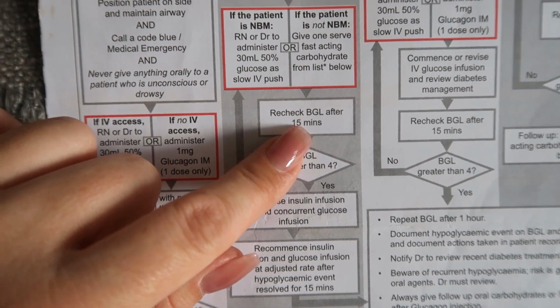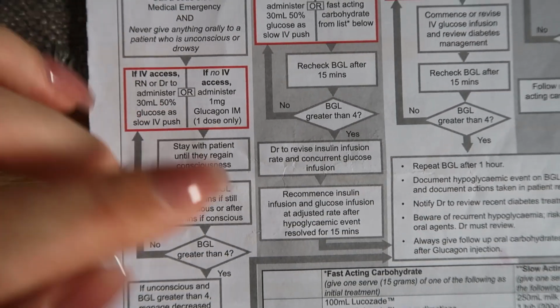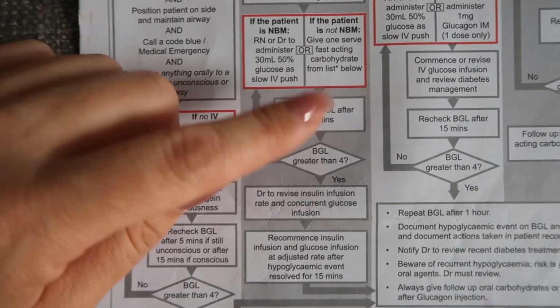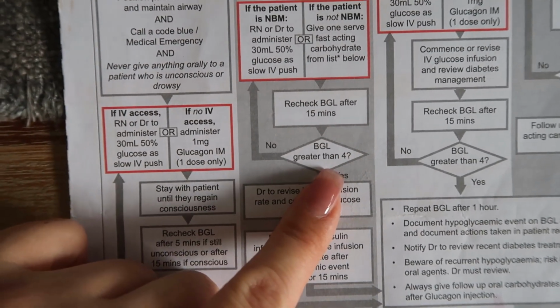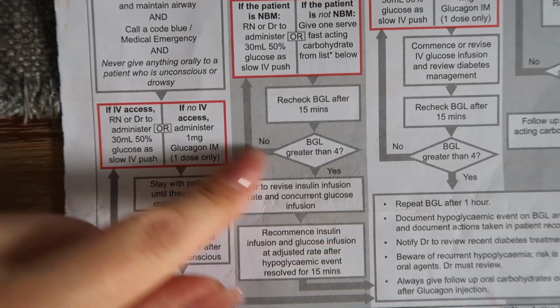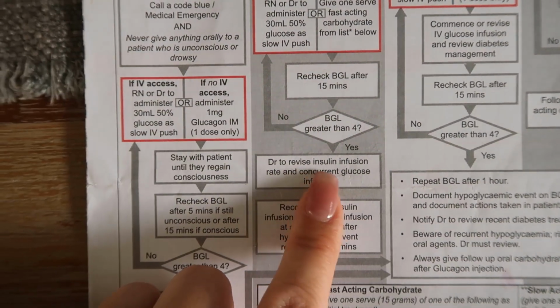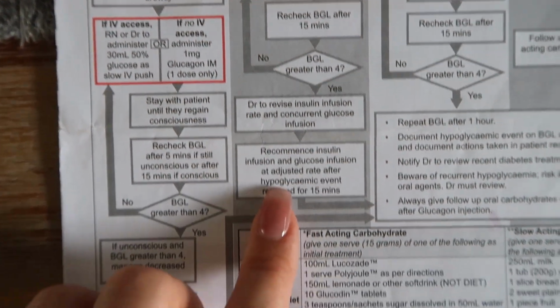Then recheck BGL after 15 minutes. So remember the difference. If someone is unconscious, you recheck BGL in 5 minutes. If someone is conscious, you recheck it in 15 minutes. If after you recheck the BGL is not above 4, then you repeat the step. If it's above 4, then the doctor is to revise the insulin infusion rate and current glucose infusion.